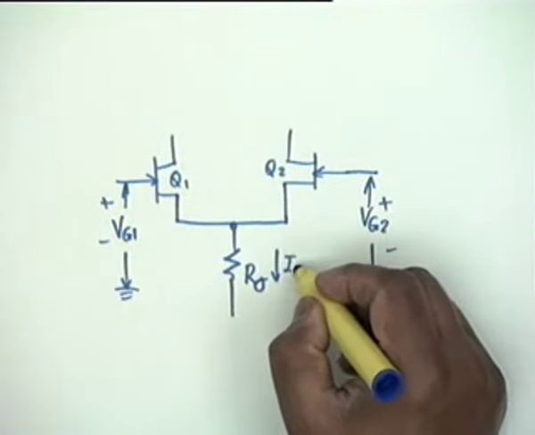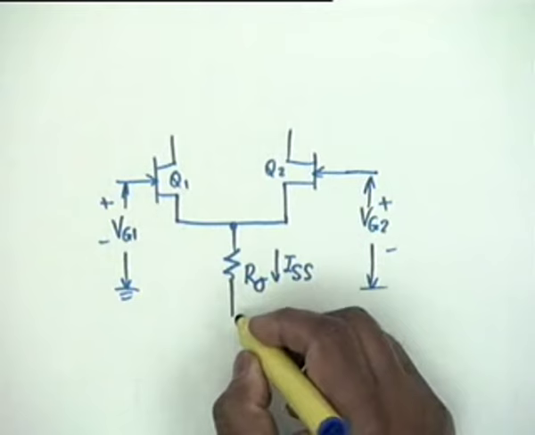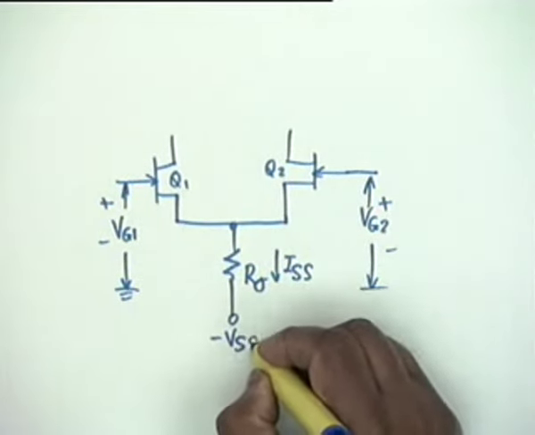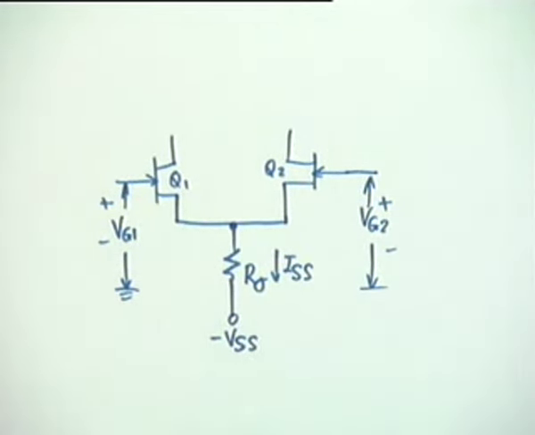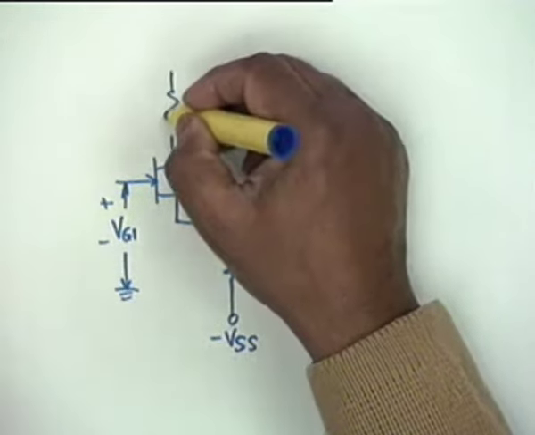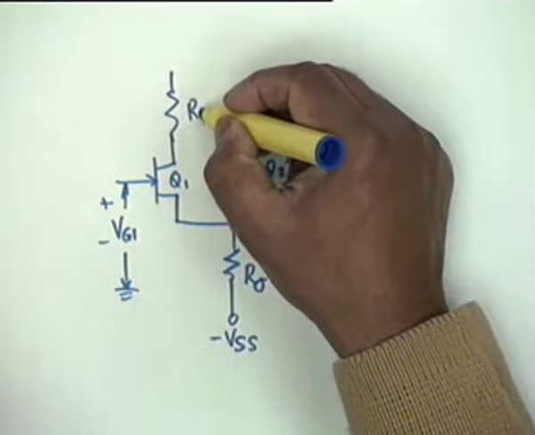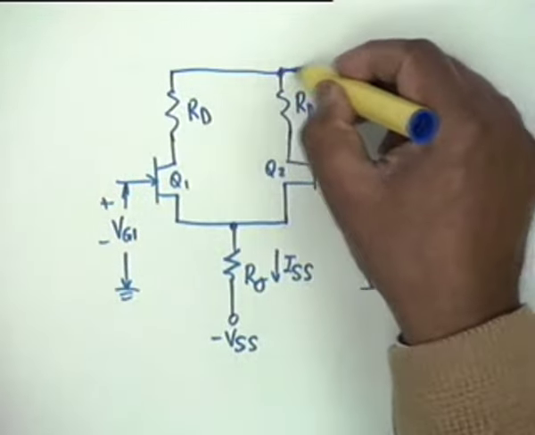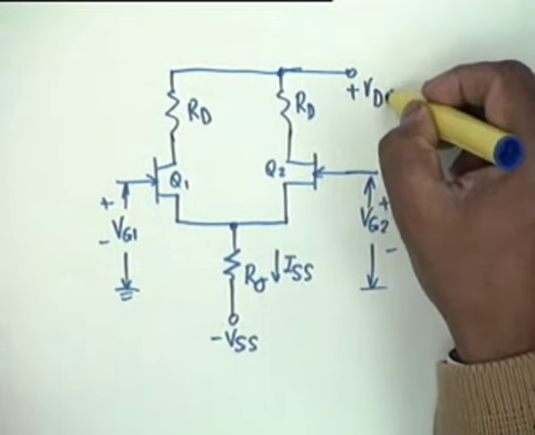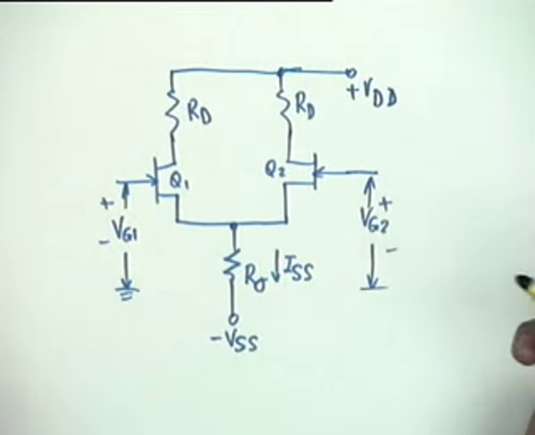This current is ISS and this is minus VSS. The rest of the circuit is two RDs. I could as well draw them. R sub D, and these connect to plus VDD. I have not shown the source part.